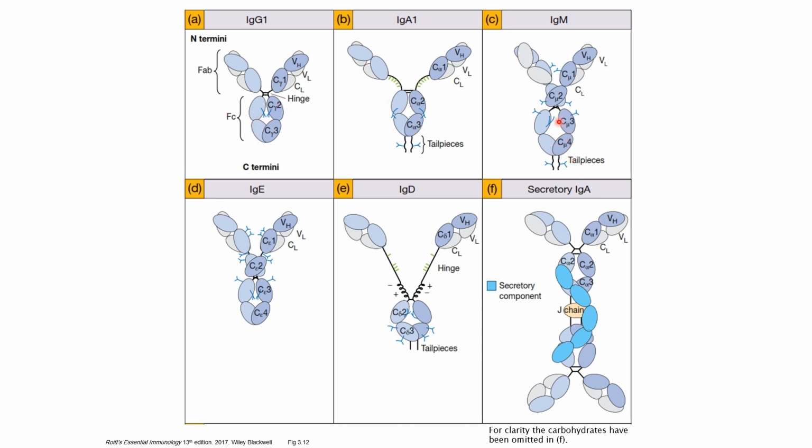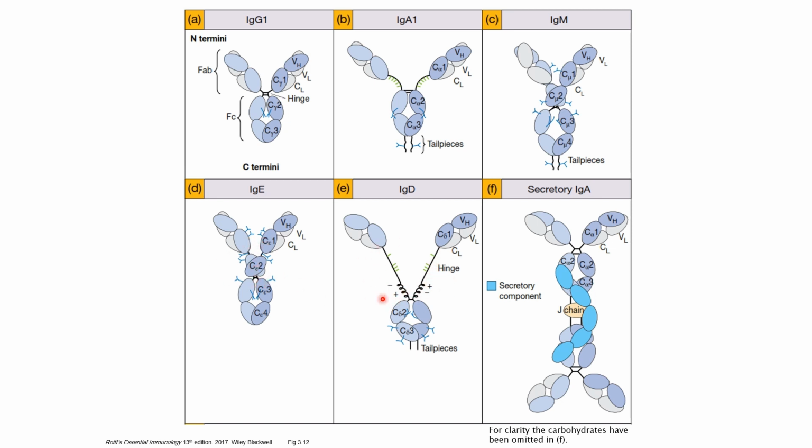IgM actually has a fourth constant domain in its heavy chain. So IgG is 3, IgA is 3, but IgM has a fourth. IgE also has an extra constant domain, and much more glycosylation.